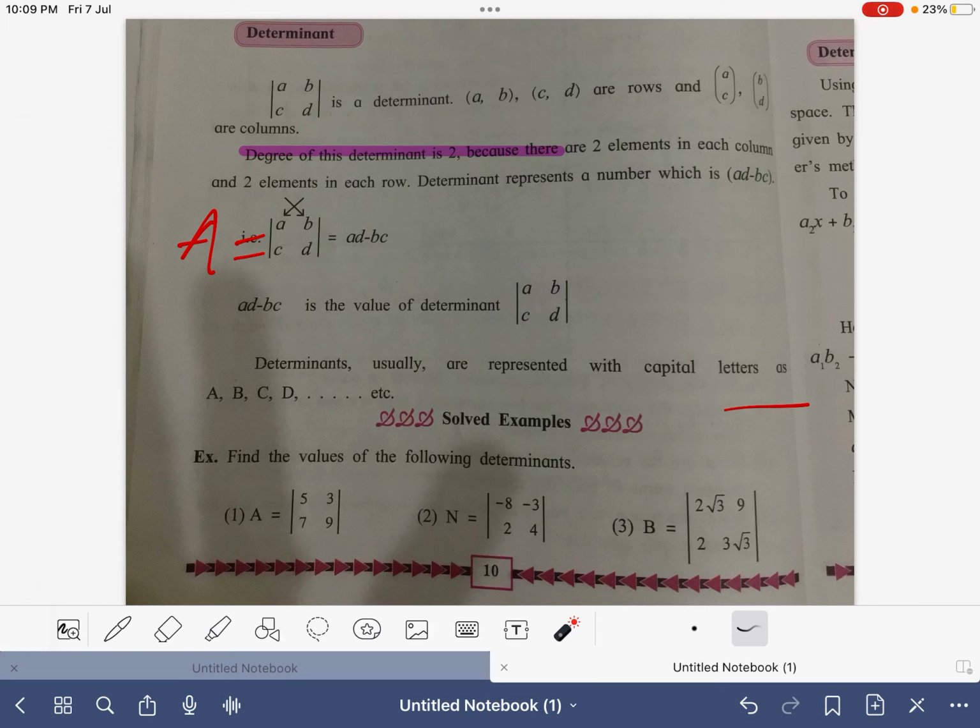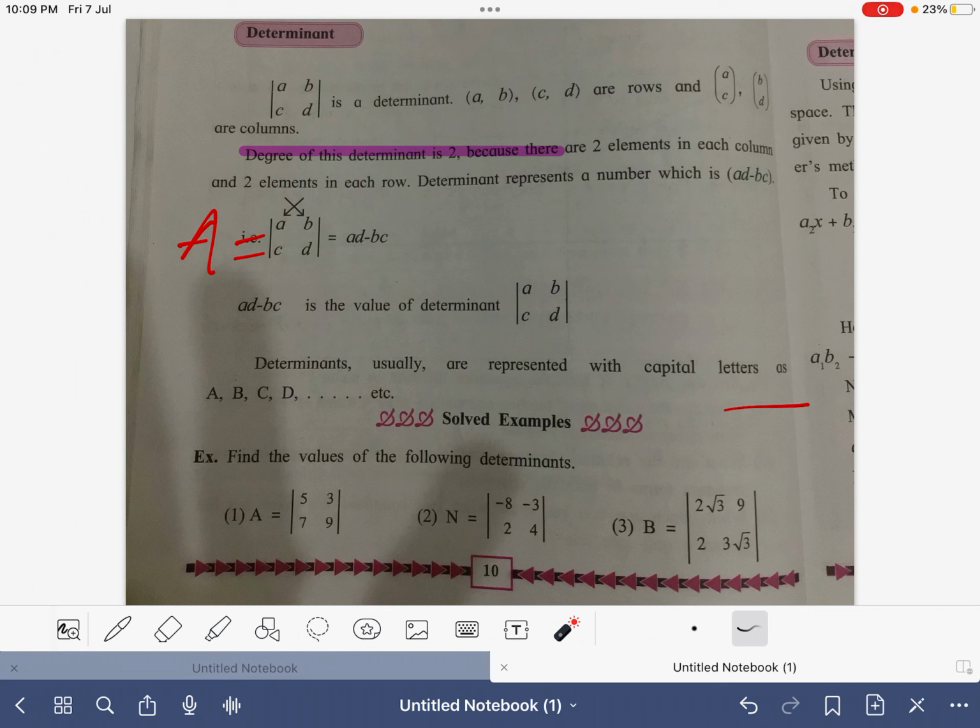So we multiply a into d, and we put a minus sign. Always keep in mind there is a minus sign here. So minus c into b. So your answer is a into d minus b into c. So likewise we are solving the determinant.